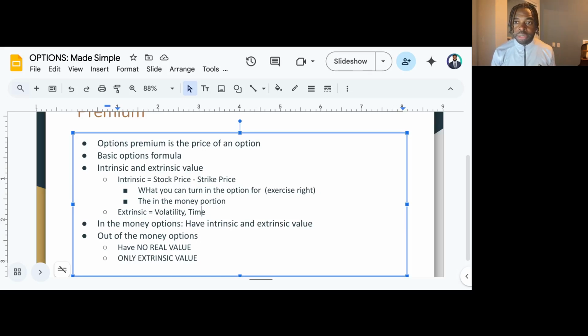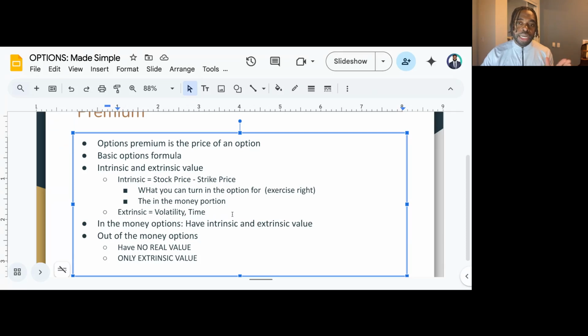For instance, if Tesla says we have a vehicle that's going to take us to the moon, a lot of people are going to start buying up Tesla, and its price is going to move dramatically. That causes the option contracts to change dramatically as well, and those fluctuations are known as volatility. That volatility can cause massive changes, usually increases, in the contract prices. That's what we call extrinsic value.